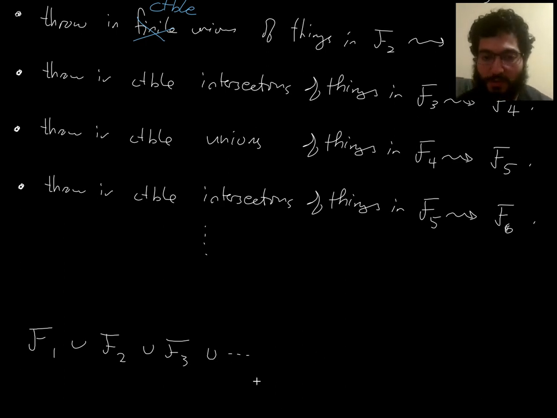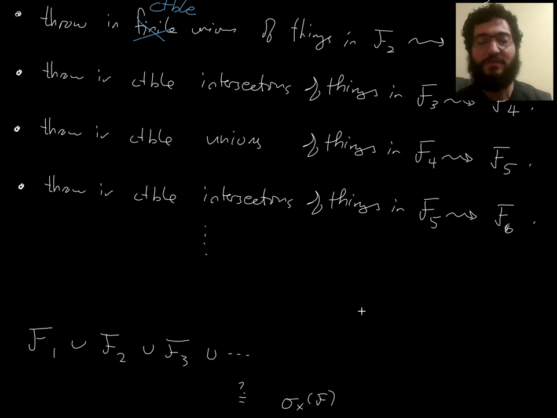Do we finally get the entire sigma algebra on X generated by F? Still not necessarily. Even if you take countable unions of countable intersections of countable unions and allow yourself to do that any finite number of times, you still might not get the full sigma algebra on X generated by F.